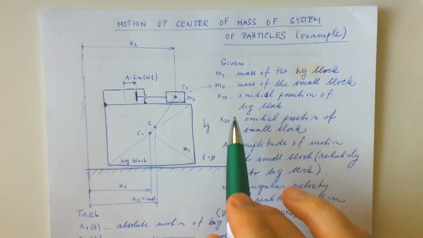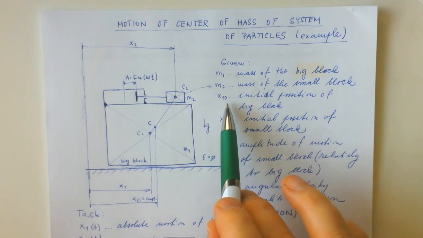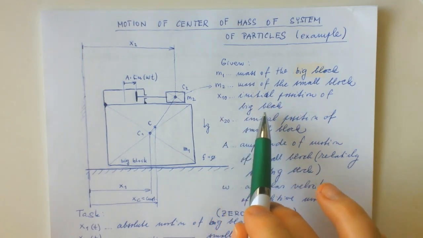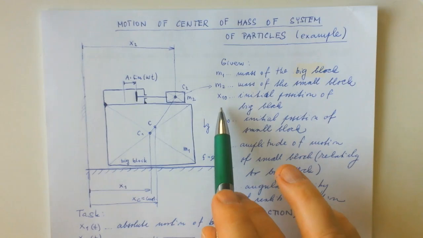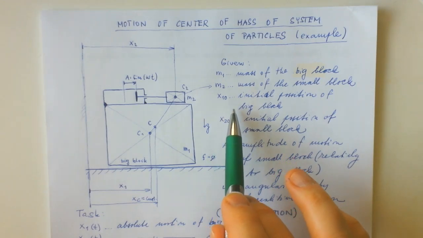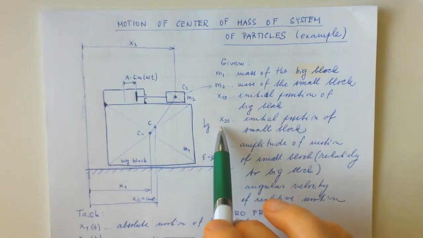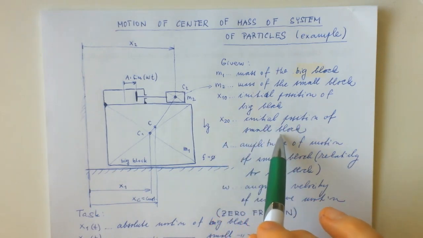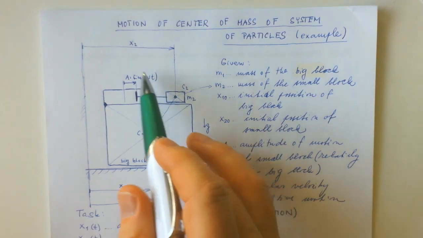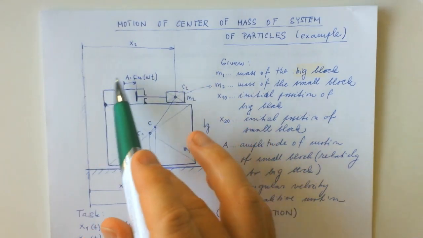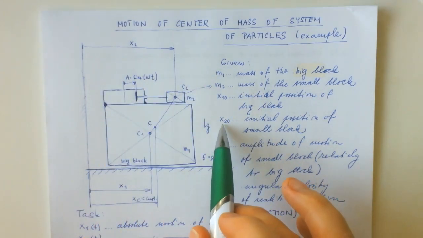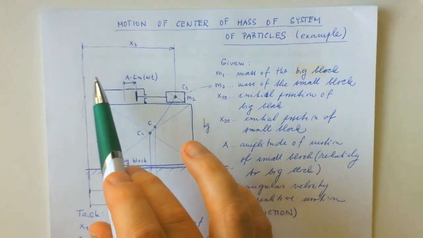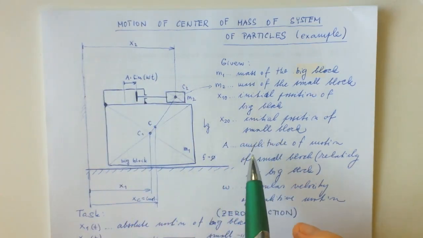So let's denote also the initial position of big block. So it's a position at time equals 0. x2 0 is the initial position of small block. So somewhere here in this space, in this direction, we could measure x20. I don't draw it here.